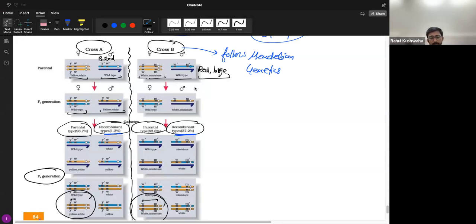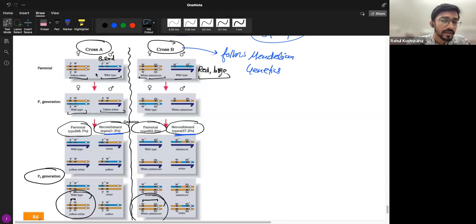Okay, so Alfred Sturtevant was an American geneticist who worked along similar lines, but he was the one who first constructed the map for genes, the map where you measure the distances between genes, because Morgan did not know about the location of genes on the chromosome.